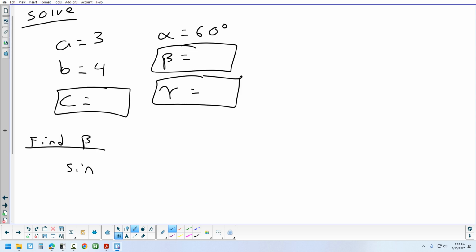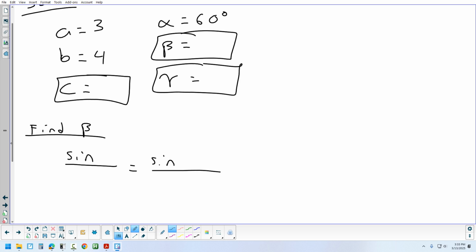And how would you set up your law of sines to find beta? You go sine 60 over 3, and on the other side, sine beta over 4.